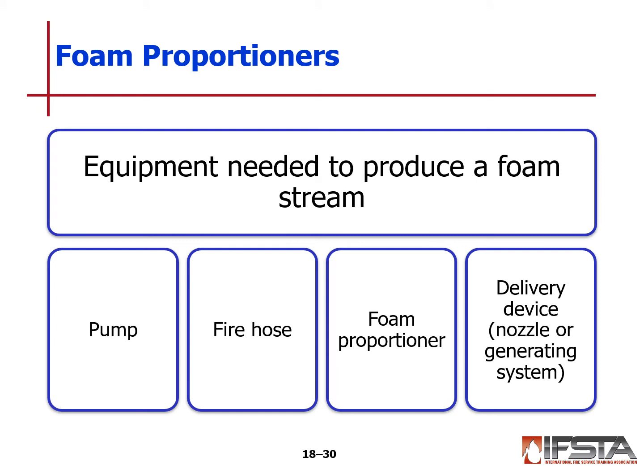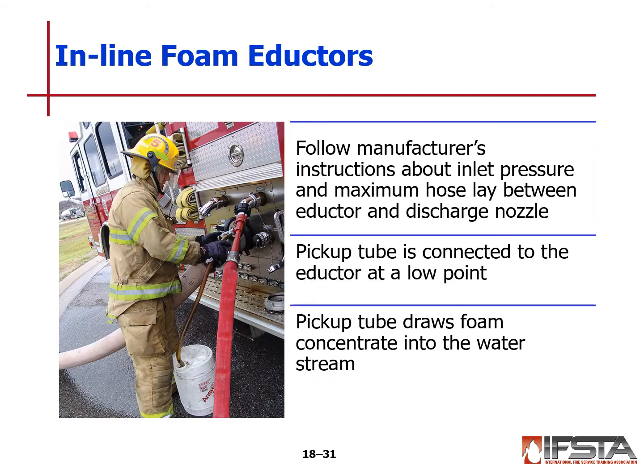The proportioners are the equipment needed to produce a foam stream. We need a pump, fire hose, our proportioner, and then the delivery device such as the nozzle or some type of generating system. Inline eductors are the devices that the Type A pumpers are required to carry, and we will carry 5-gallon buckets of foam concentrate.